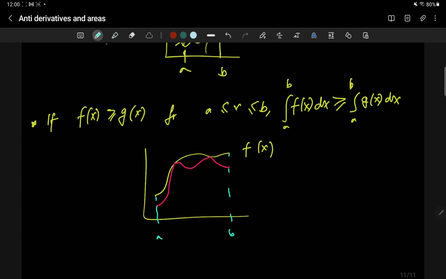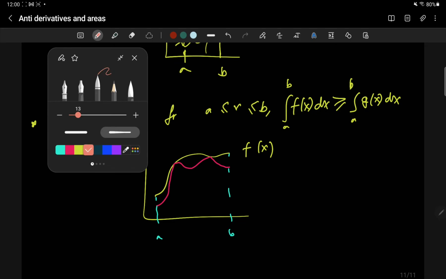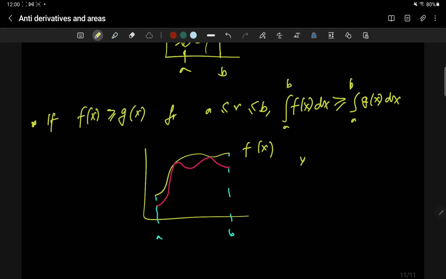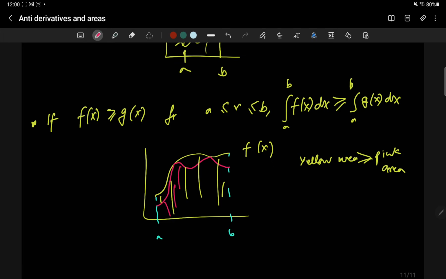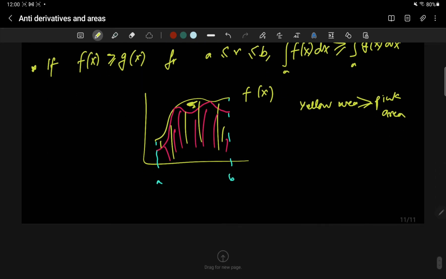Then basically what this is saying is that the yellow area is larger than the pink area. You can verify from the figure because you have all this extra stuff right here. Maybe I should mark that in yellow, sorry. So all of this extra stuff here makes the yellow area larger.